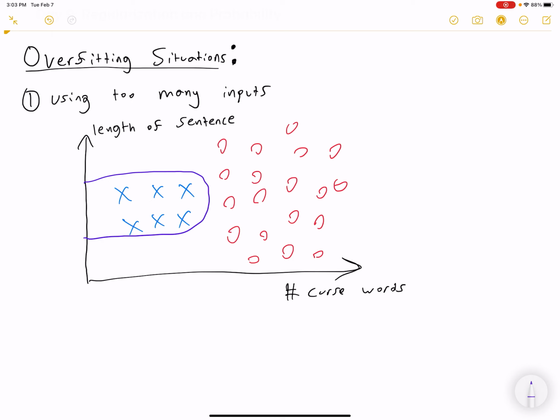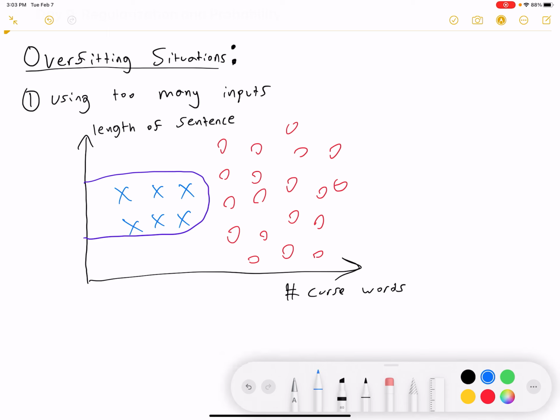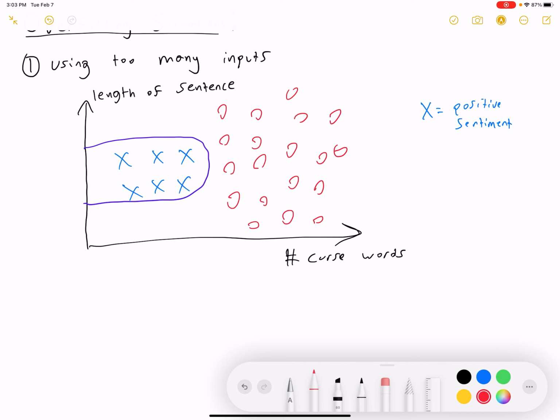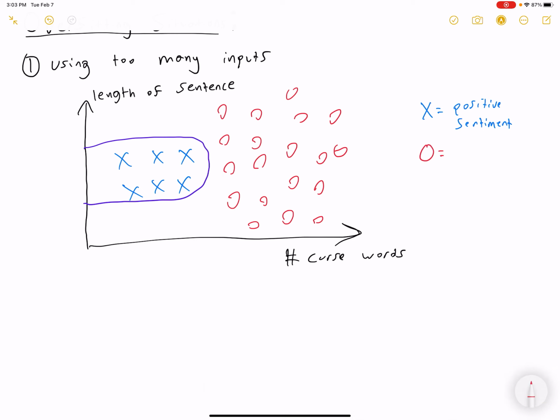So everything in that purple area is classified. Oh, let me label these. So in this example, we'll say that the blue X's are positive sentiment, which makes sense. They have less curse words. And the red are negative sentiment. So using this decision boundary, we could classify a new point.